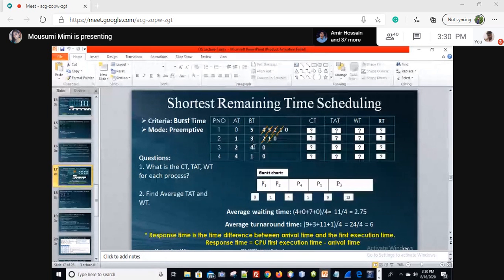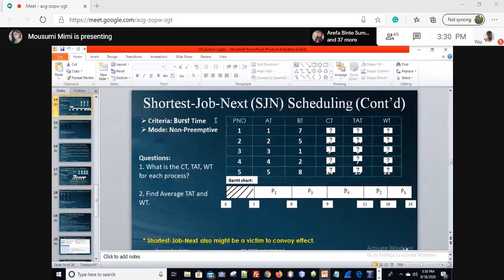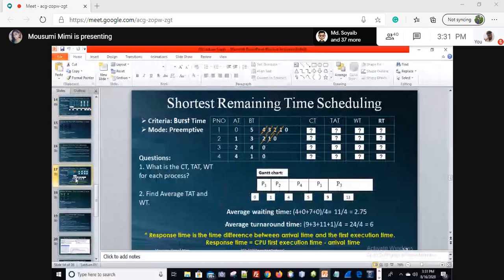But the difference is that shortest job next does not suspend any task or process. It just runs the process it takes, whichever is smallest within the time.